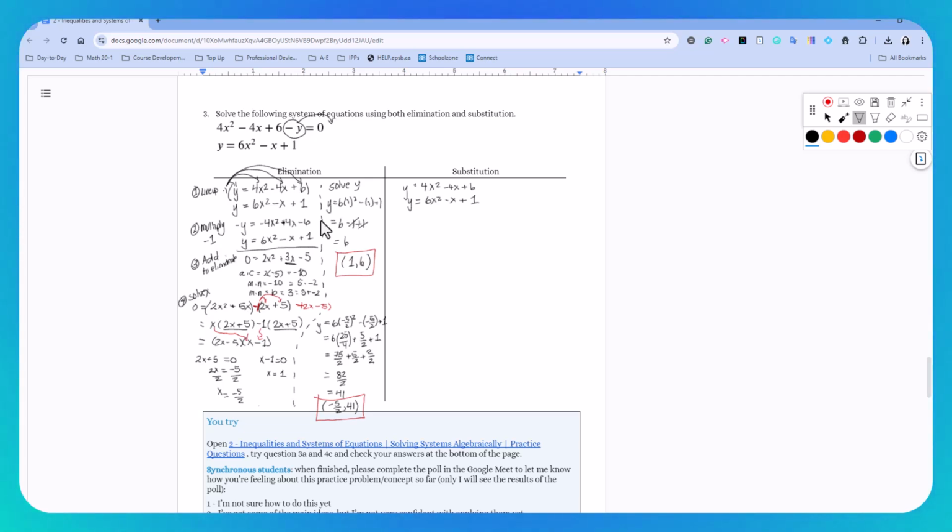And that means we're going to substitute this thing into that y. So that's going to give us 4x squared minus 4x plus 6 equals 6x squared minus x plus 1.